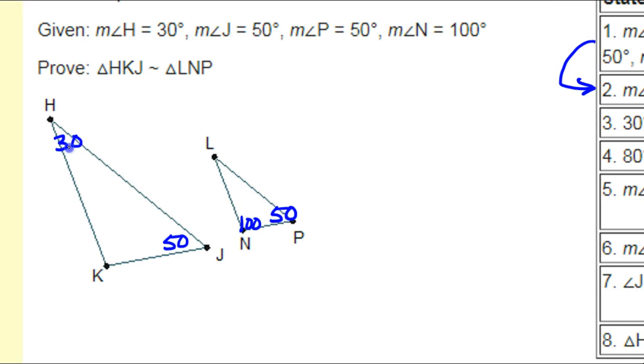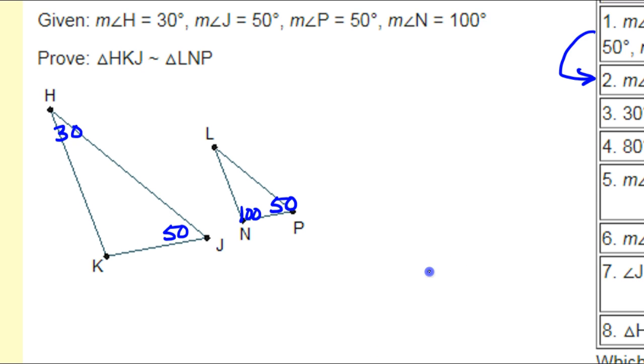Well, we didn't really even need the given in order to make that statement. That's just a fact. All of the angles inside of a triangle always add up to 180. So of course H plus J plus K add up to 180.